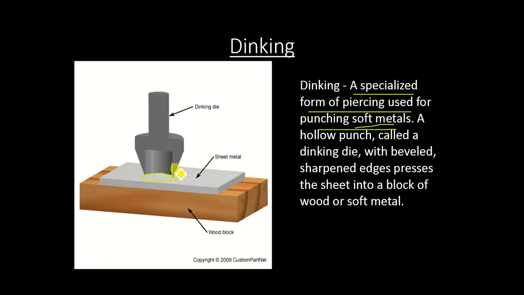If you see over here, it has a sharp shape, and the sharp edges of the die press the sheet into the block, right? They come from the top with certain force and press the sheet metal, and we have the scrap eliminated from the sheet metal. So this is called the dinking process. It is quite a funny name actually.